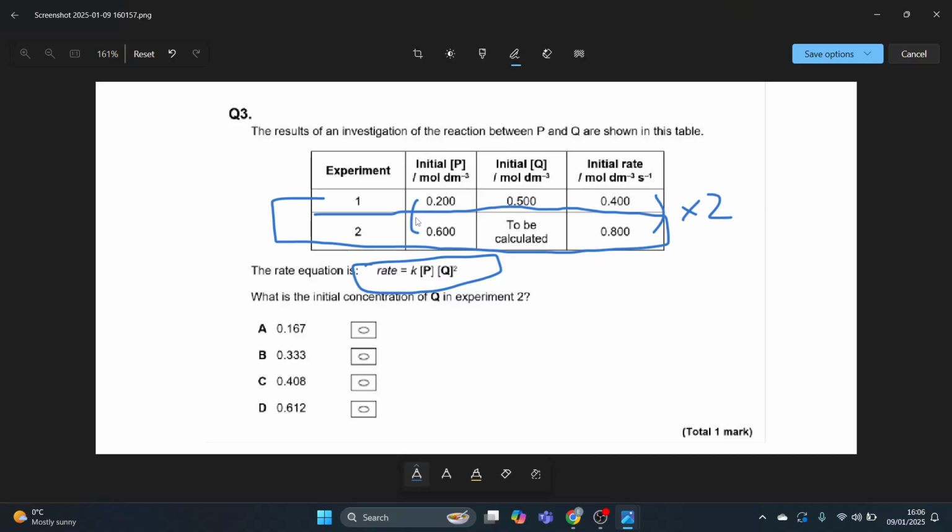Initial concentration of P, well, 0.600 divided by 0.200, we times it by 3. So in order to get the total rate of reaction to double, this has to be 3 times by 2 over 3. This has to be 2 over 3. We're timesing by 2 over 3.